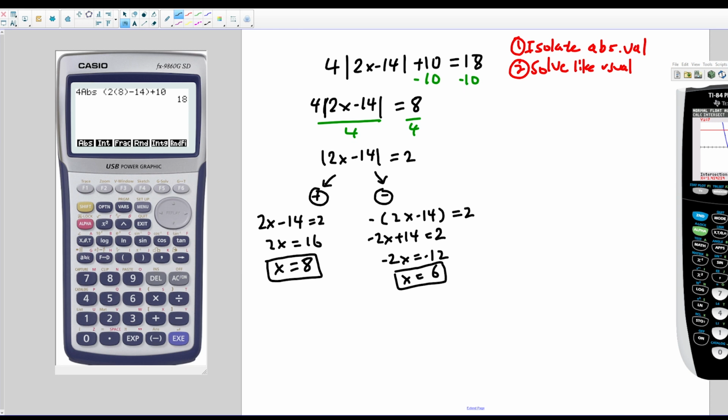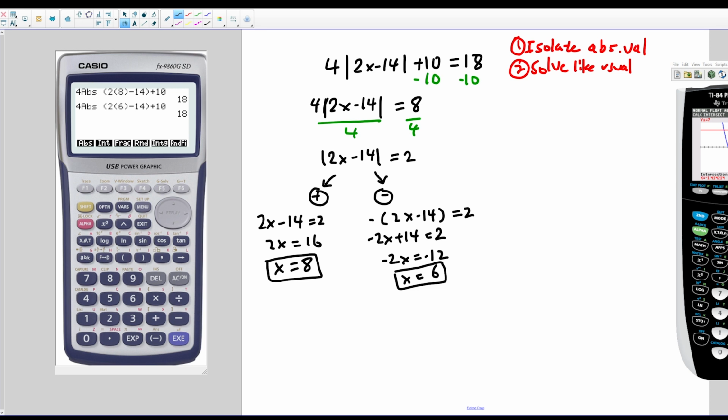I do the exact same thing with 6, so I have 4 times the absolute value of 2 times 6 minus 14, and then plus 10, and that should give me 18 as well. So both my solutions worked.